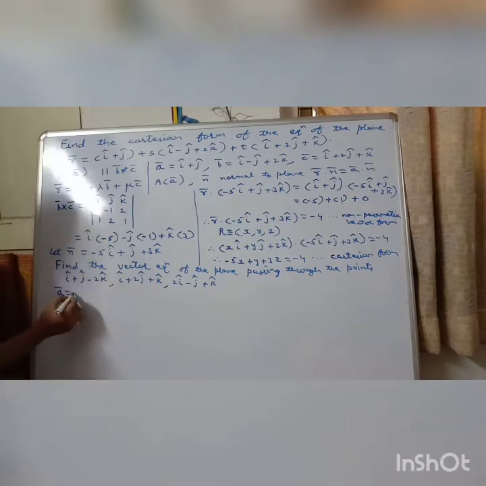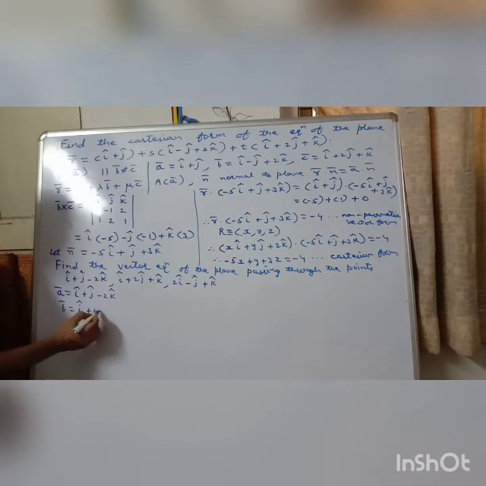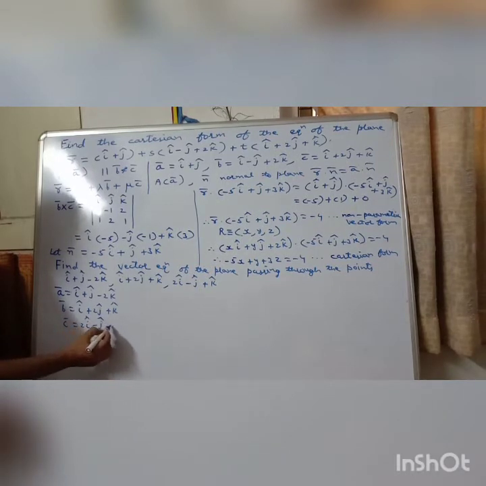A bar is I cap plus j cap minus 2k cap, B bar is I cap plus 2j cap plus k cap, C bar is 2 I cap minus j cap plus k cap.